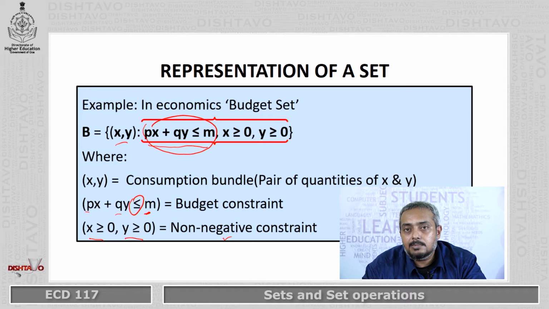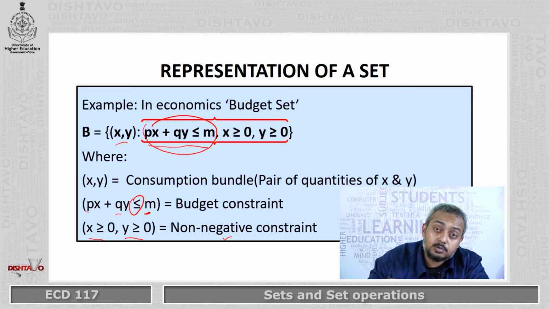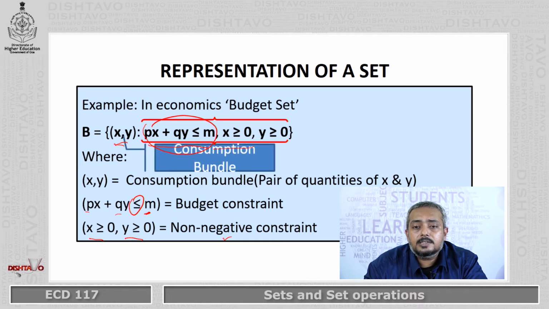So, hence these numbers have to be positive. Hence, this particular non-negative constraint which says that the value of x and y has to be greater than or equal to 0. So, these are your properties and these are your variables x and y, because you have two. Hence, this is a set, a budget set, and this x y is nothing but a consumption bundle, and these were the properties just like I have told you.